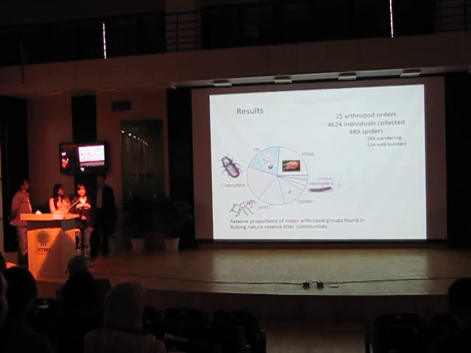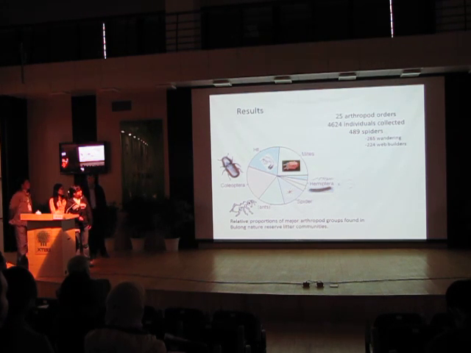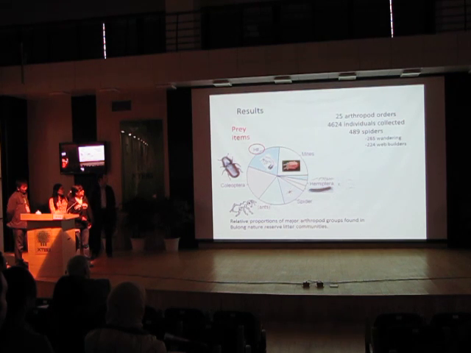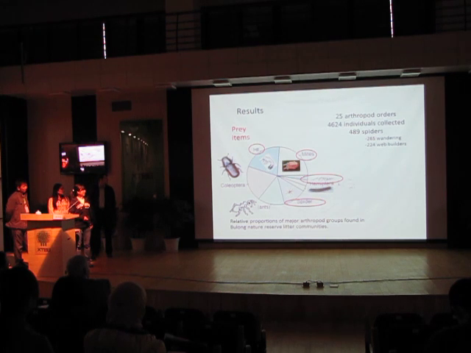In total, we found 25 arthropod orders. Among them, Hymenoptera, immature insects, mites, Diptera and spiders are all spiders' prey.